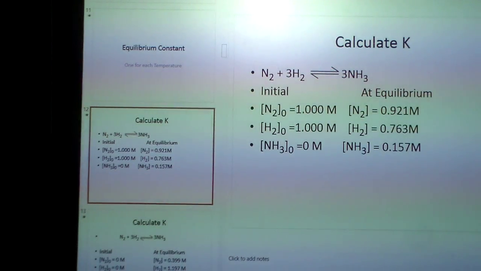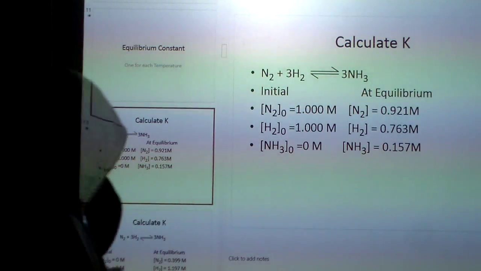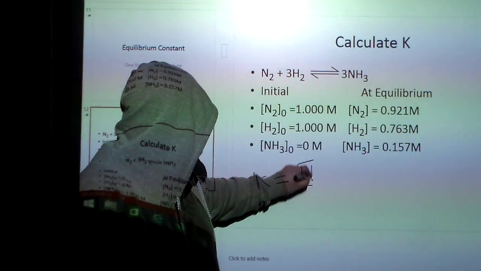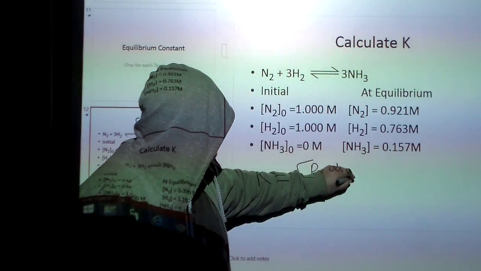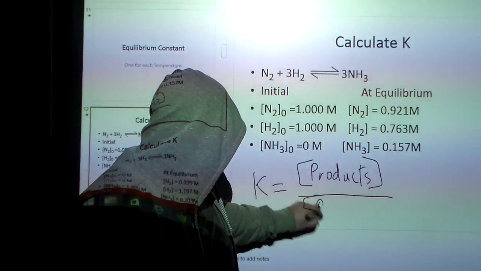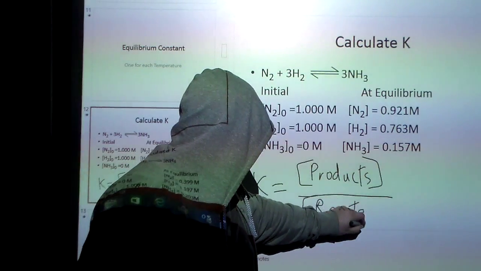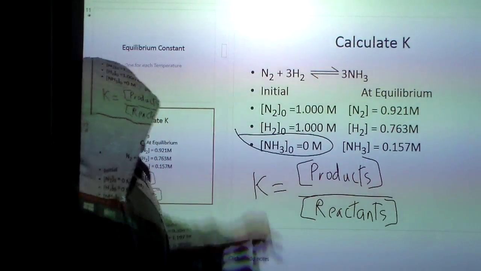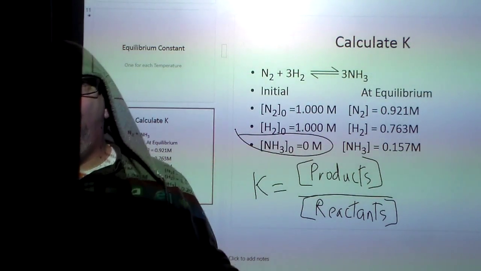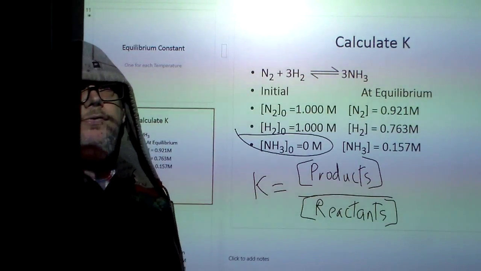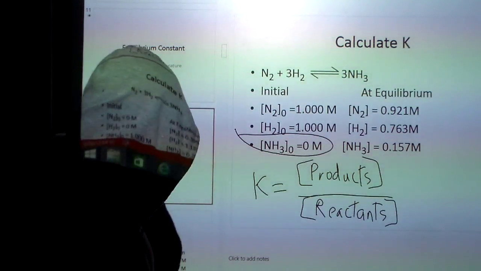And why not? Well, if our formula is K equals the concentration of our products over the concentration of our reactants, our product at the initial is 0, and you're not going to be able to figure it out, and you're going to sit there and feel foolish because you spent your time on it.